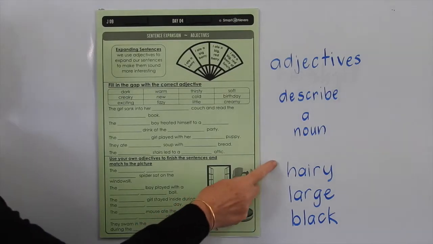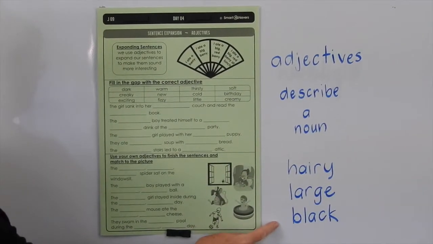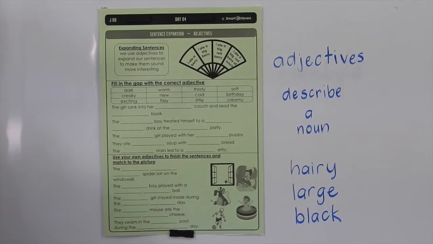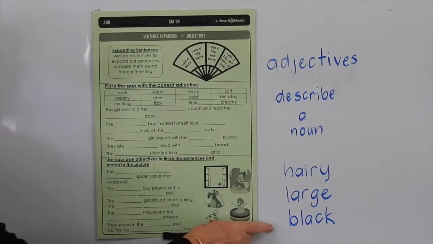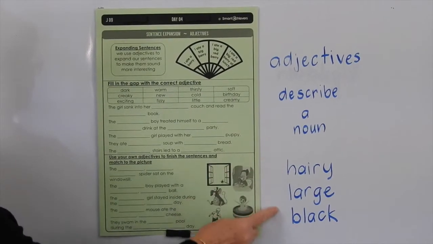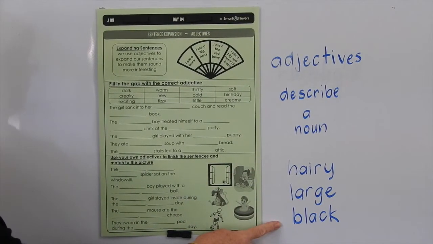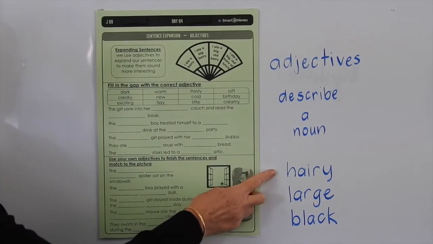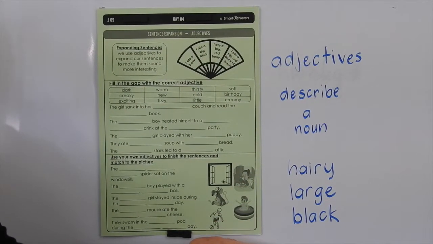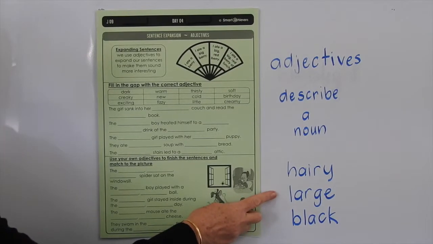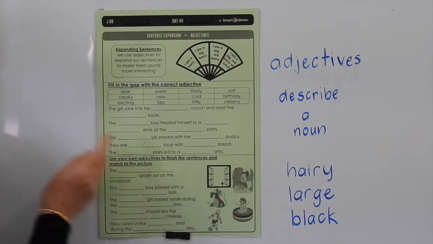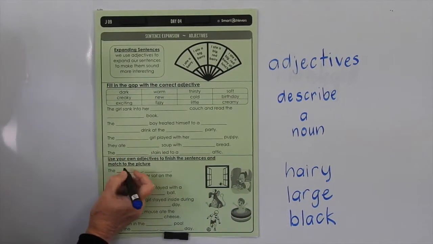So getting the order right, choosing the right words to describe the noun, and also getting the order right is important too. So just have a play with the words that you decide on using to hear which order sounds best. So let's try. Hairy, large, black spider sounds a bit funny, but if we go large, hairy, black spider, that sounds better. So we could write that in.